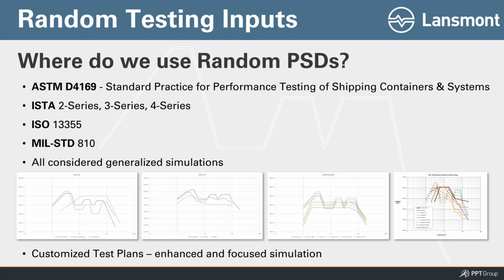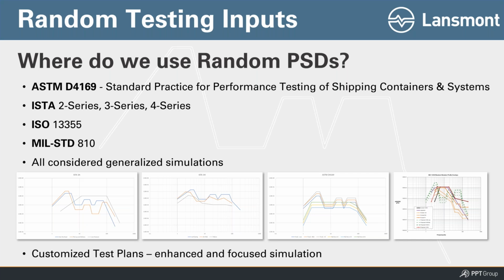For instance, if you're shipping things in the cold chain versus general transport simulation, is there any reason why a test profile might look different? There are reasons that people continue to dig into, in customized test plans or the updating of standards.